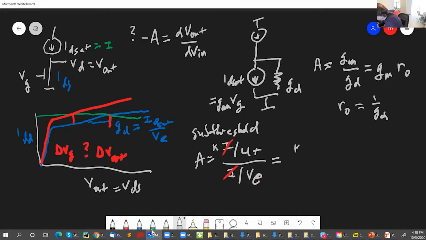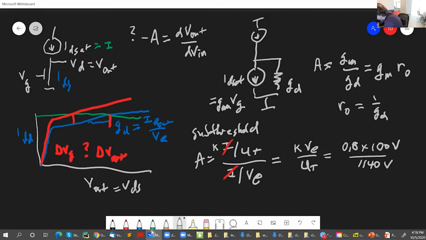And what you end up with is a nice, beautiful, simple expression. It's kappa VE over UT. And if we put in explicit numerical values, let's assume that kappa is 0.8. Let's assume the early voltage is, say, for simplicity, 100 volts. It's a pretty long transistor. And UT is 25 millivolts, which is 1/40th of a volt.